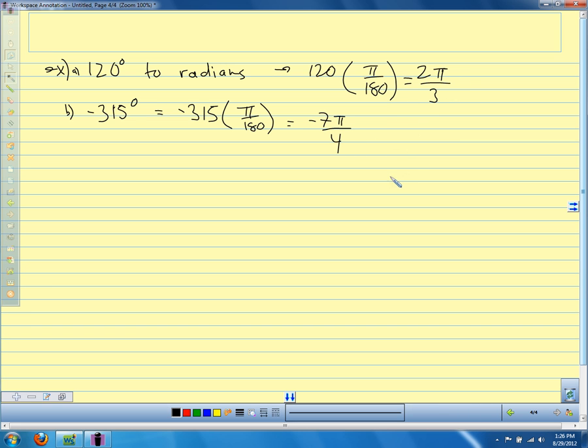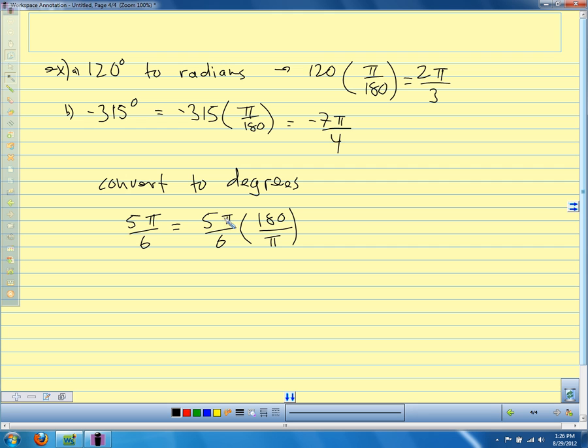If we want to go the other way, we want to convert 5 pi over 6 to degrees. So we're going to multiply 5 pi over 6 times 180 over pi.